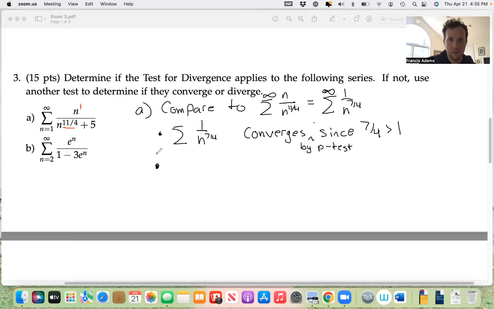So here, the limit comparison test says, take the limit of the series you started with, n over n to the 11/4 plus 5, over 1 over n to the 7/4.